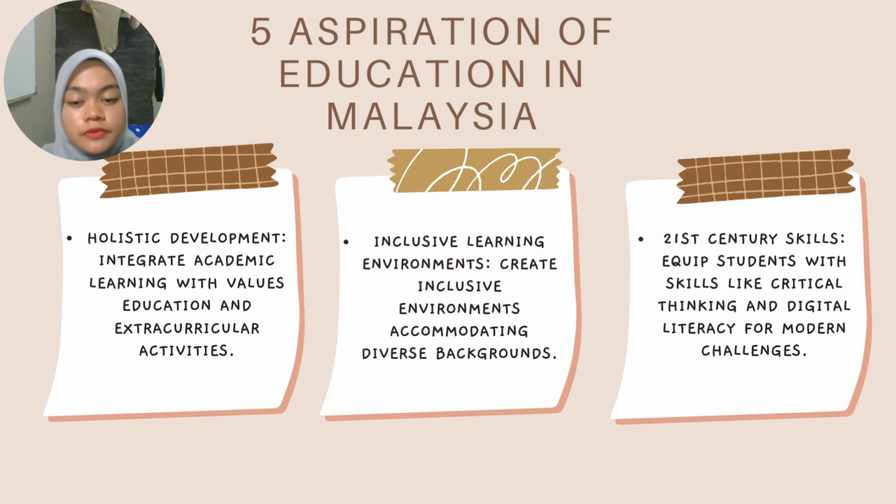The fourth aspiration is about inclusive learning environments, creating inclusive learning environments that accommodate diverse learning styles, abilities, and cultural backgrounds, promoting social cohesion and mutual understanding among students from different ethnicities and communities.